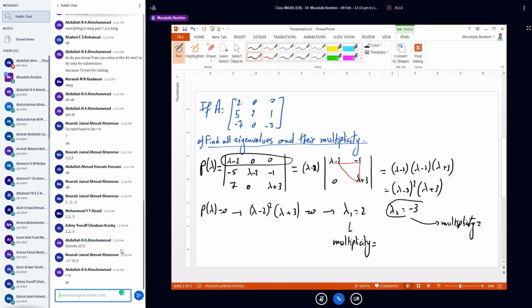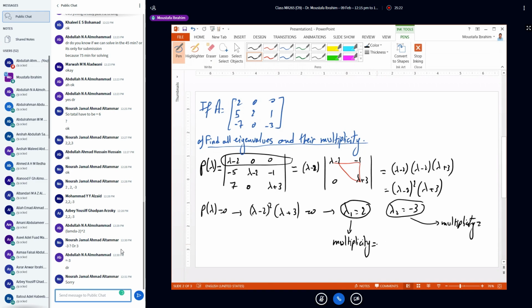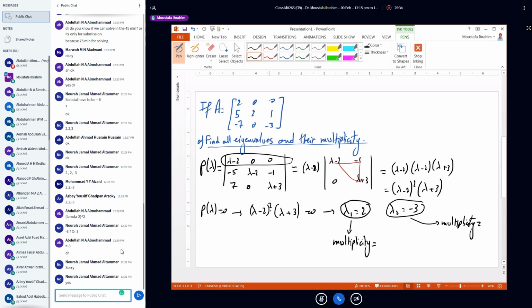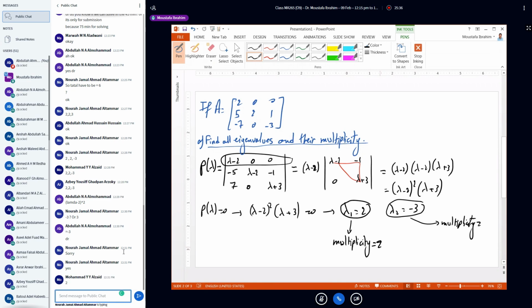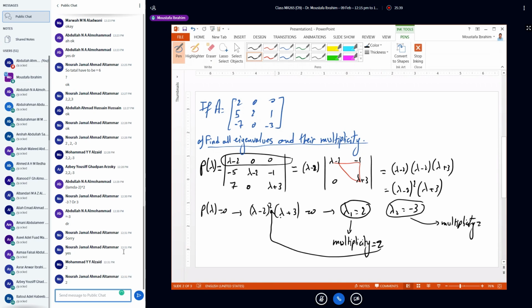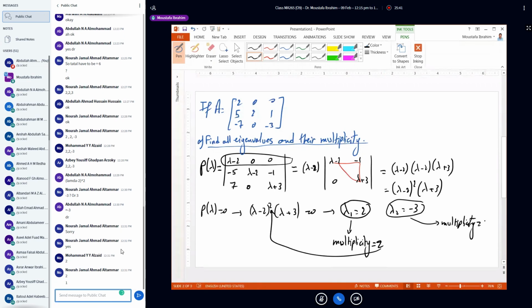I made the same mistake as Nora. So you see Nora? Same mistake. It's better to make mistakes, by the way, but not in an exam. So here, what's the multiplicity of lambda equal 2, guys? What's the power? Lambda minus 2 to the power of 2, so multiplicity is 2 because of this one. And here, multiplicity is 1 because of here.